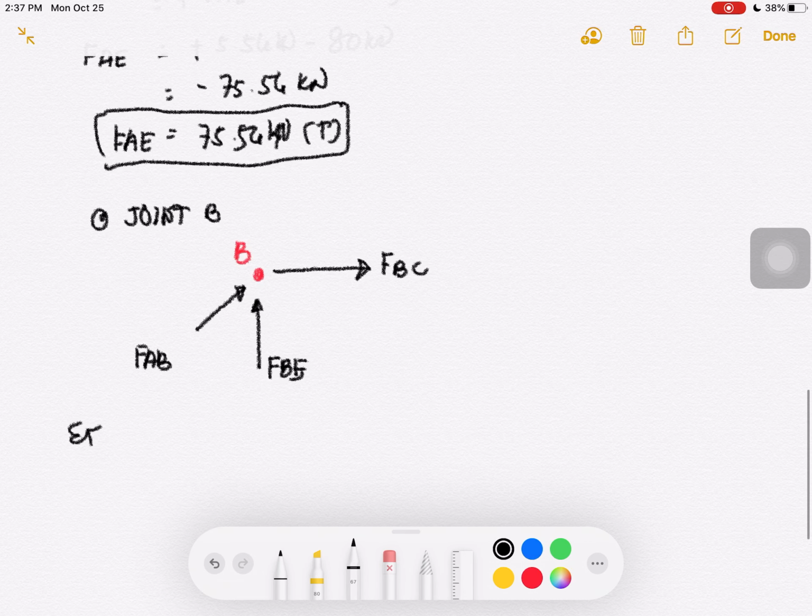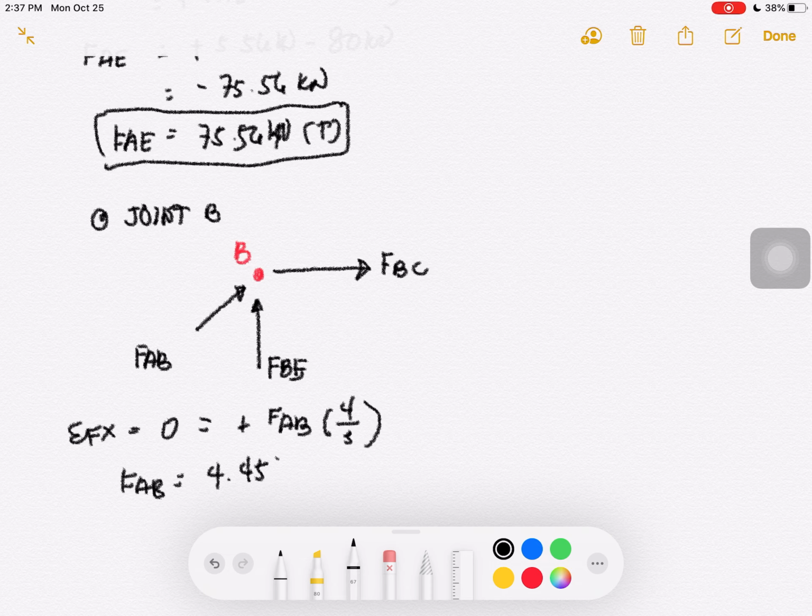So summation of forces along X equals 0 equals what? FAB is going right, so positive FAB multiplied by 4 over 5. So your FAB mo is again 5.56 kilonewton tension.